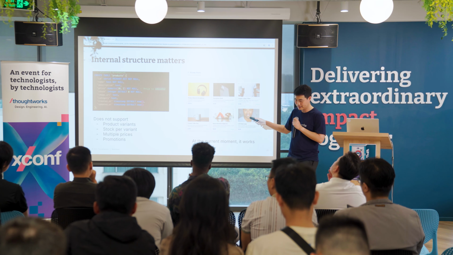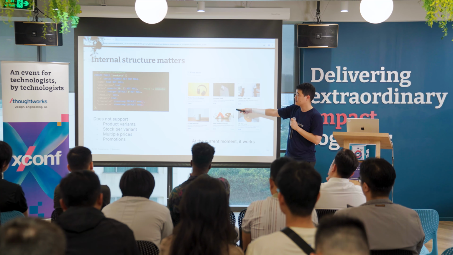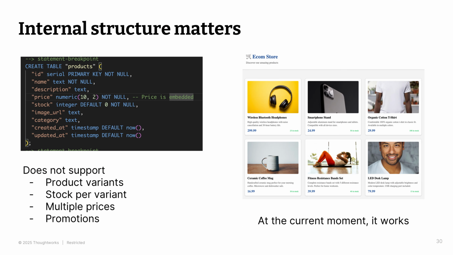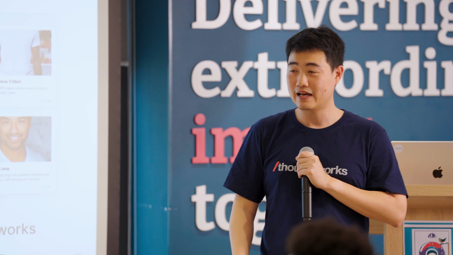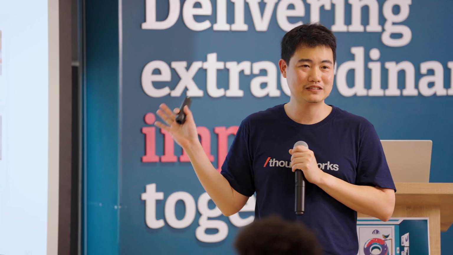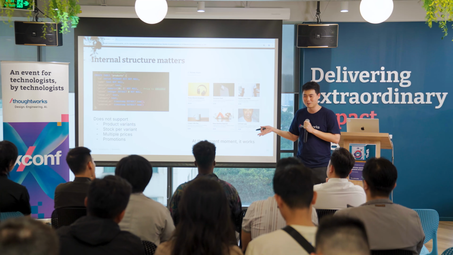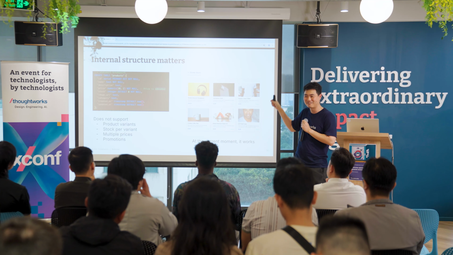So when I did the e-commerce, what it gave me was the product table. You can see that the price and stock are embedded into the product. That means this e-commerce won't, at least at this stage, support multi-price or promotion, because a product has one price.